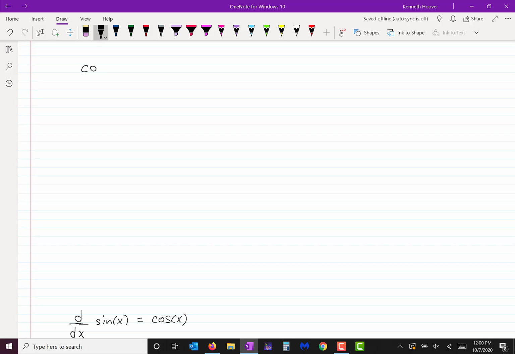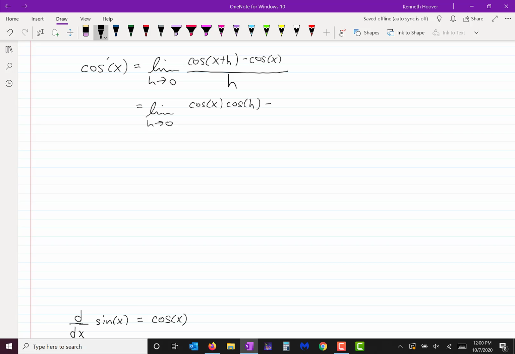Okay, right, cosine prime of x equals the limit as h goes to 0 of cosine of x plus h minus cosine of x over h, and that equals the limit as h goes to 0 of cosine x cosine h minus sine x sine h, and then minus cosine x, and that is over h.